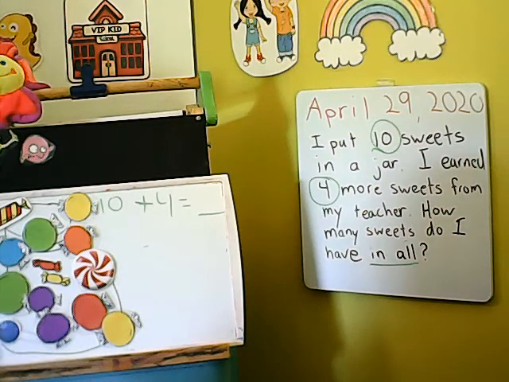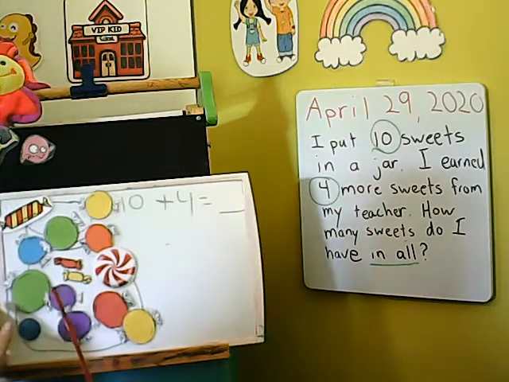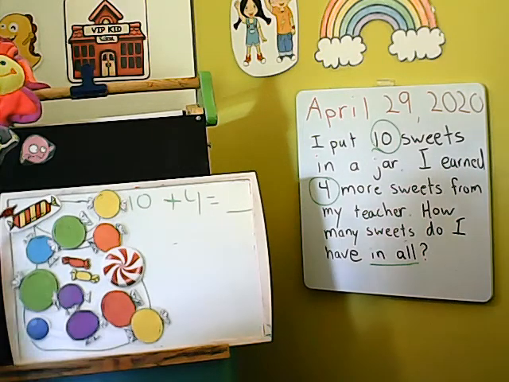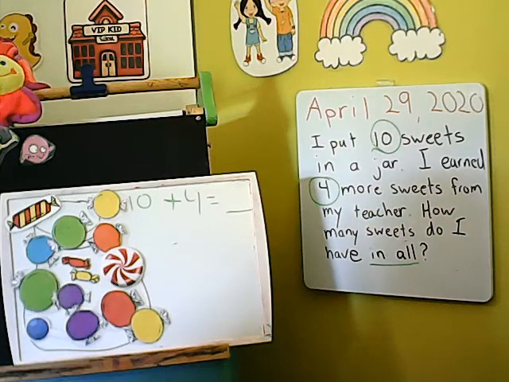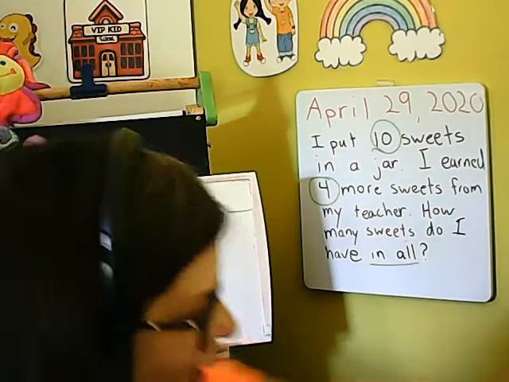If we counted them all, let's count them. I'm going to move it so you can see it. 1, 2, 3, 4, 5, 6, 7, 8, 9, 10, 11, 12, 13, 14. I got 14 as my answer.